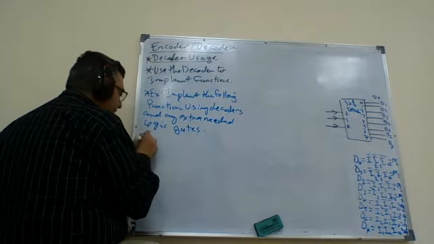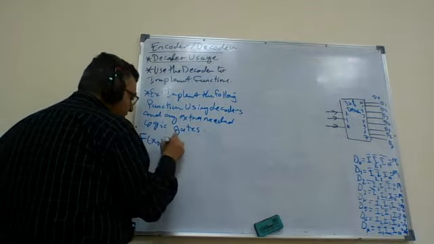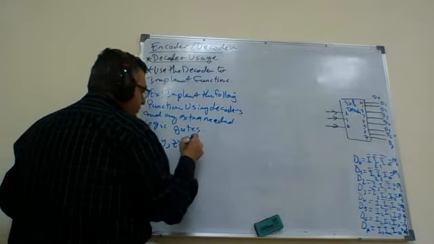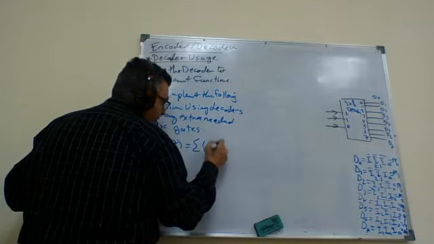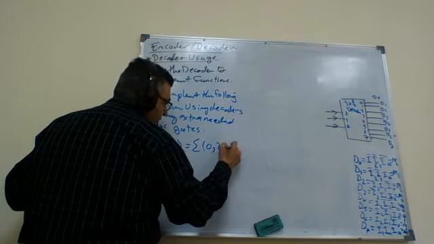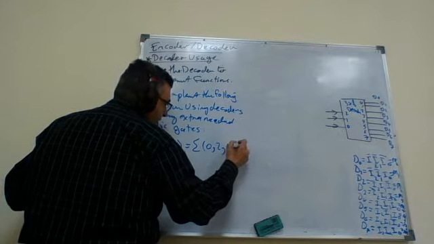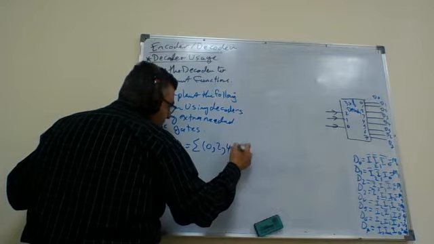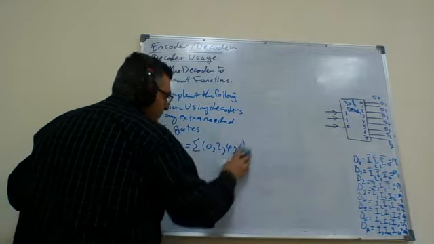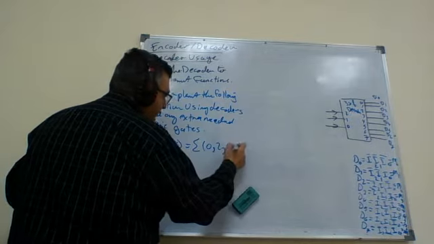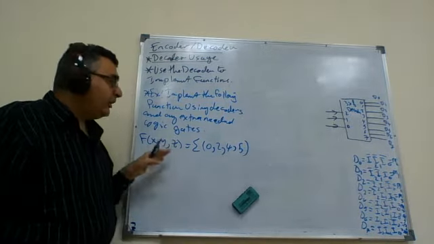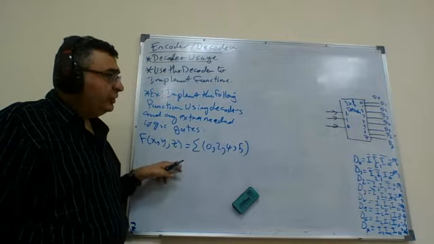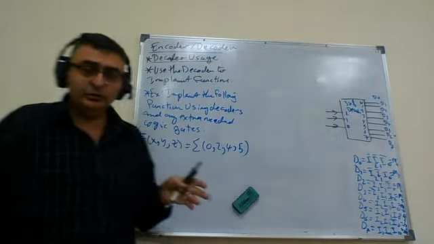The function F is given to me as F equals the sum of 0, 2, 4, and let's say 5. Can I implement the function F using the decoder?